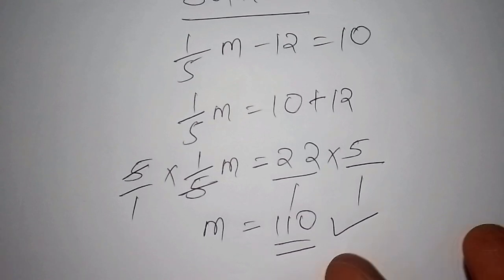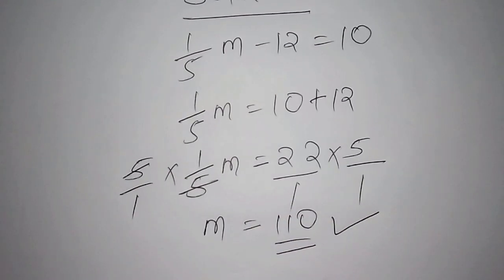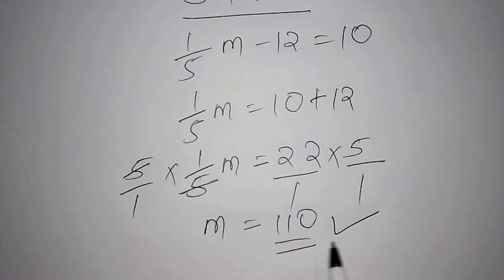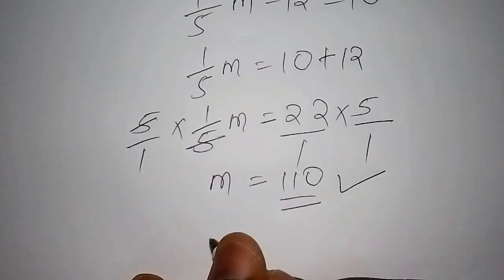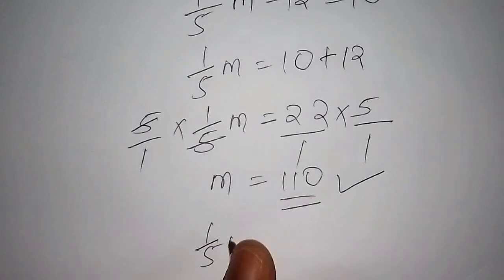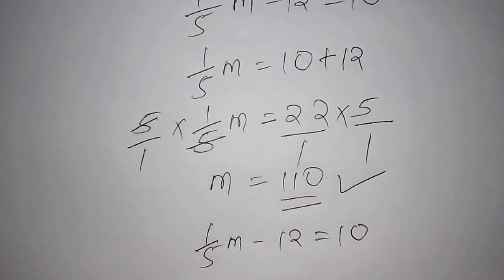You can still confirm our answer by working out the other side. If you get m as 110, you got the correct answer. So how do you confirm the answer? You pick the first equation, which was 1 over 5 m minus 12 is equal to 10. Where we have m, you just multiply by 110.